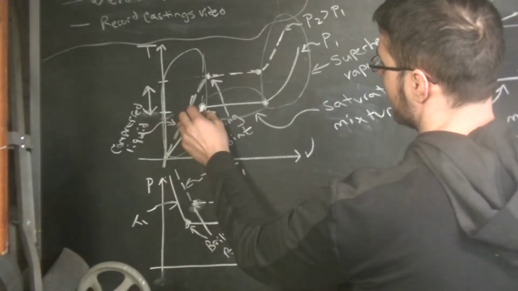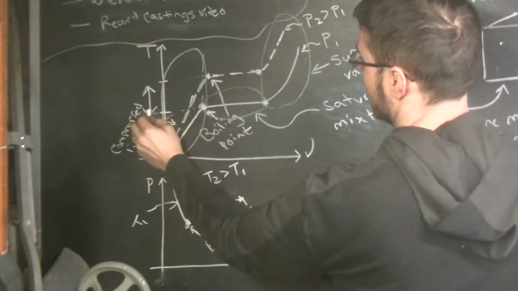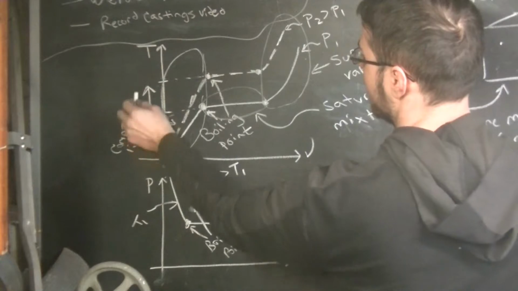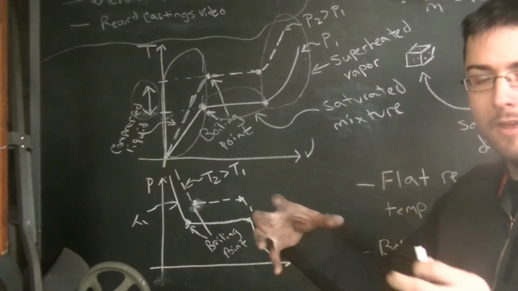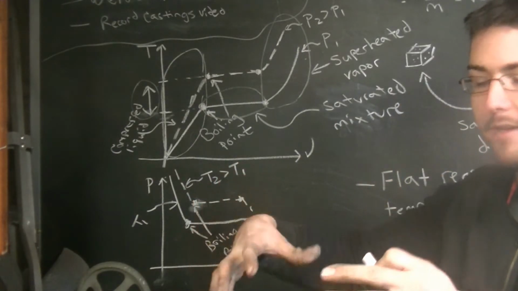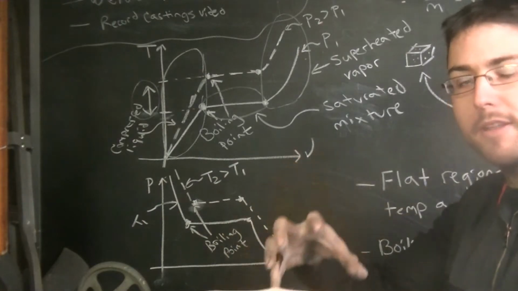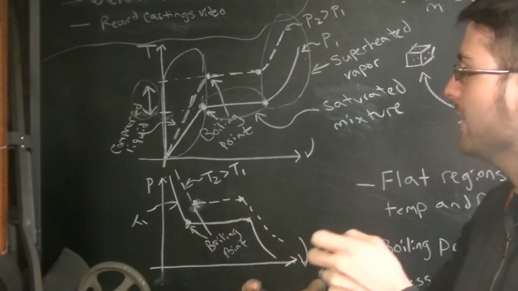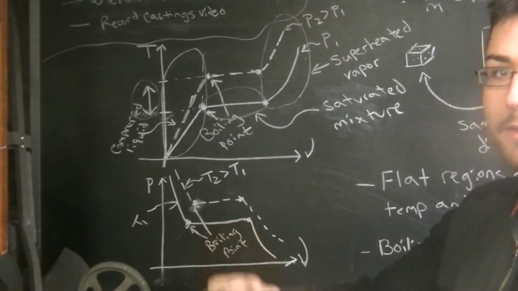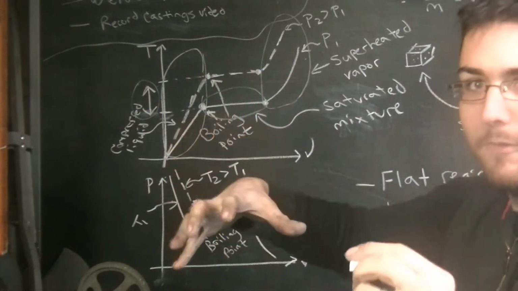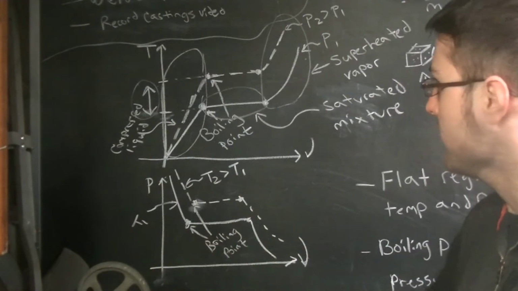It was here, now it's moved up to here, and this difference is the change in the boiling point. That makes sense, because if you have a lot of pressure pushing down on something, you're forcing the molecules to stay stuck together, and you need more energy, higher temperature, to break those molecules loose, because you're forcing everything down as you increase pressure.